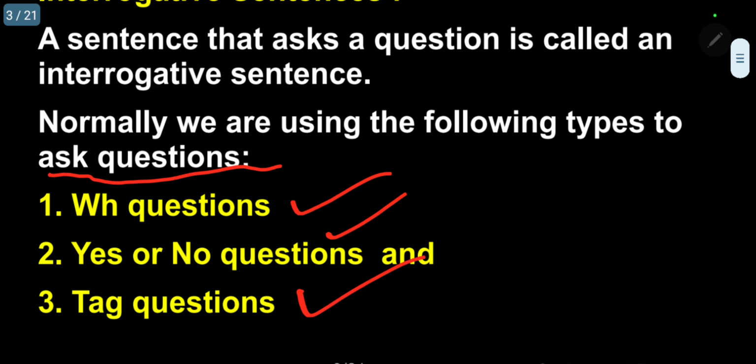WH questions I have already discussed. Please verify from YouTube. Under yes or no questions, I have already discussed many topics. Now today I am going to discuss the auxiliary verb had. Tag questions we will discuss later.